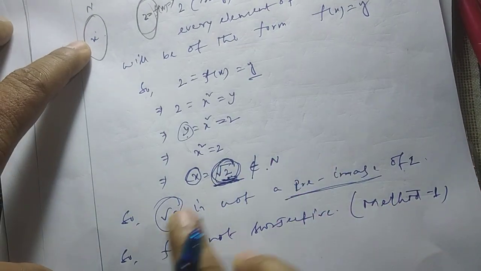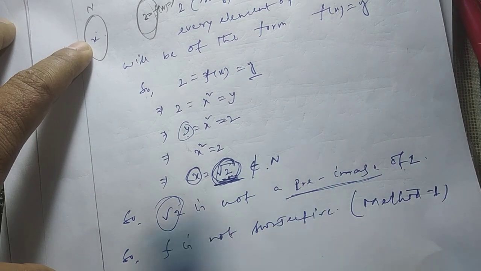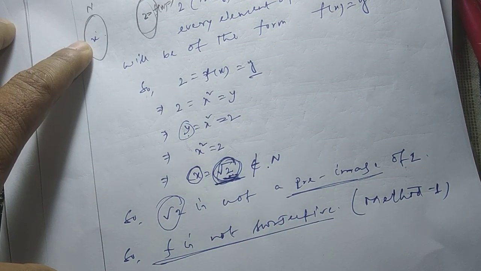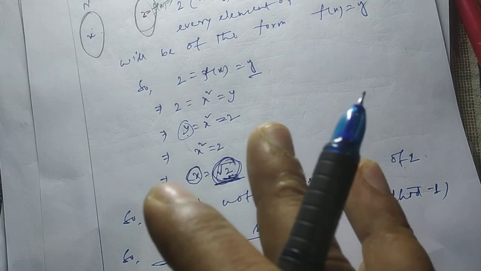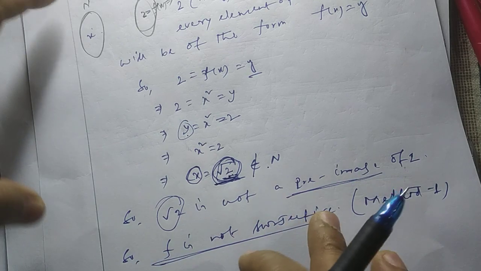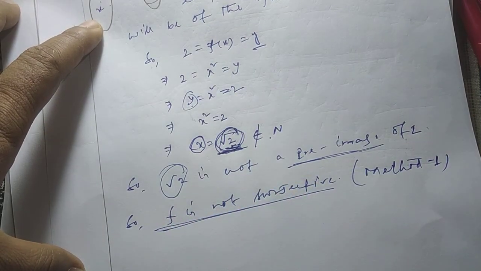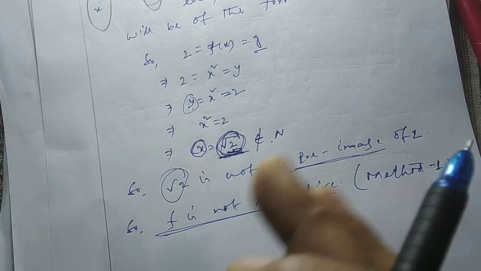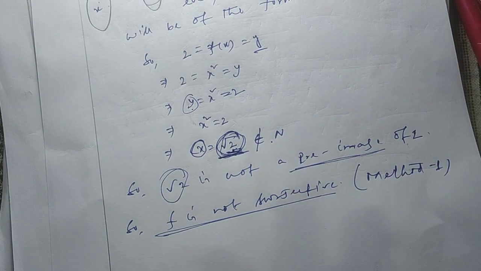That means here root 2 is not a preimage of 2. That's why f is not surjective by method 1. You are not getting any preimage of 2 in domain natural numbers. That's why here f is not surjective. Understood or not? I hope it will be understood properly, again if you practice at home.